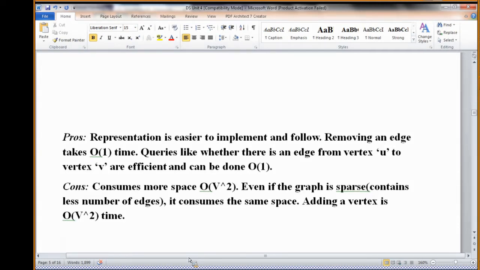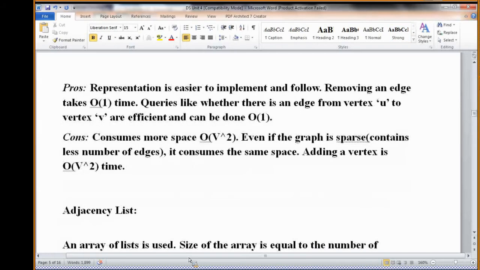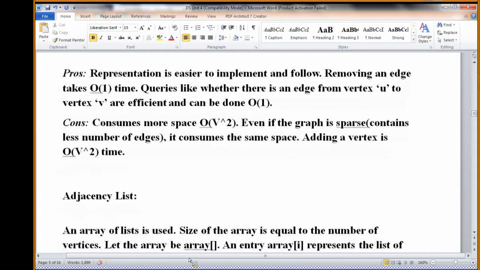It consumes more space, order of V square. Even if the graph is sparse and contains fewer edges, it consumes the same space. Adding a vertex is order of V square time. That means the memory occupation will be more in case of an adjacency matrix. So note down this.